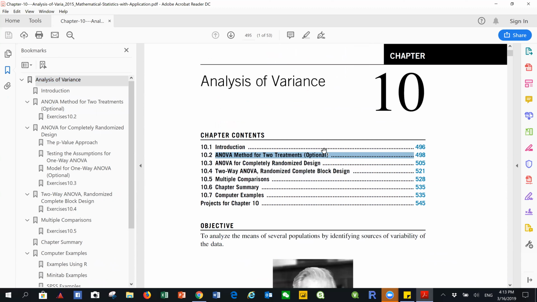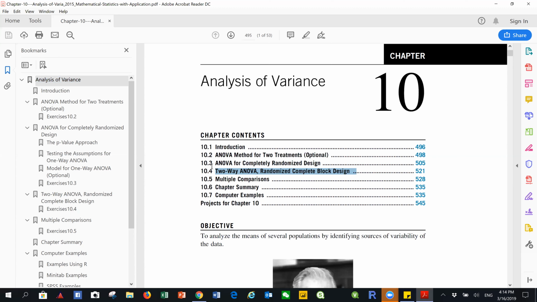So this is ANOVA and its relationship with the t-test. Later you will see the reason why we don't use a t-test if, for example, we are to compare three population means instead of two.